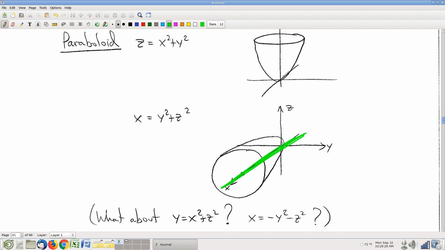So don't pick that plane up there. It doesn't make any sense. You have to pick a plane that actually includes that axis. In fact, if you want, you could even pick a half plane. That's really technically all you need, just enough so that when you rotate it around, you get the whole thing. But pick any one you want.